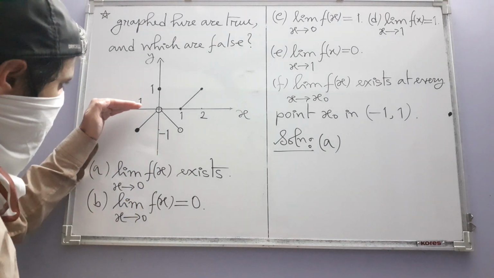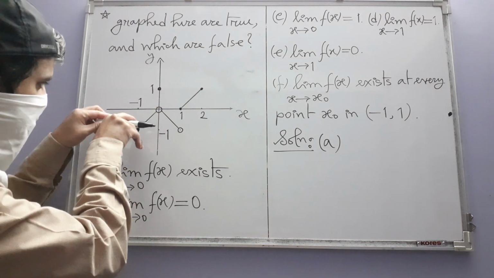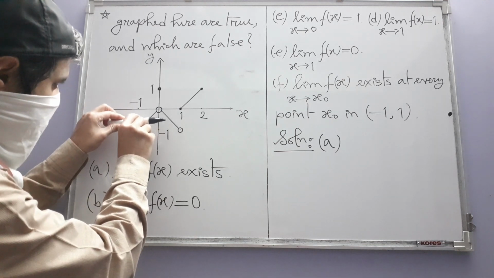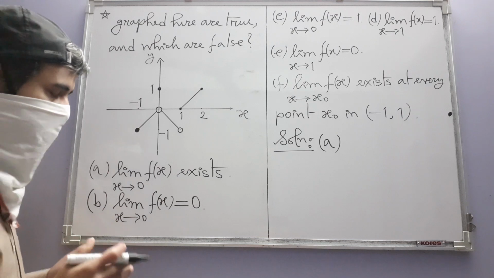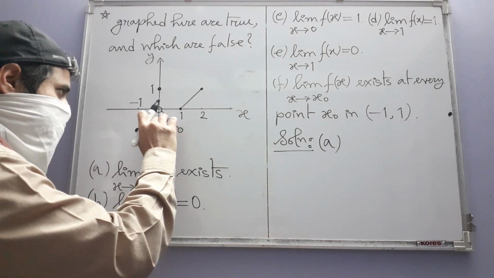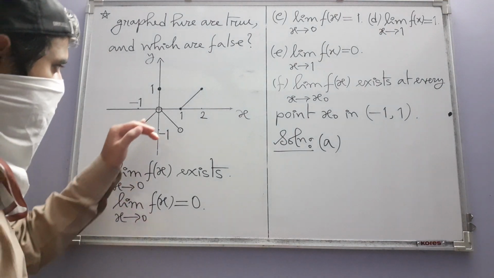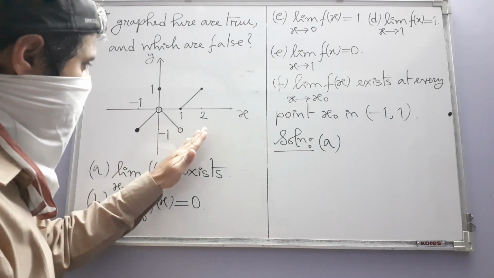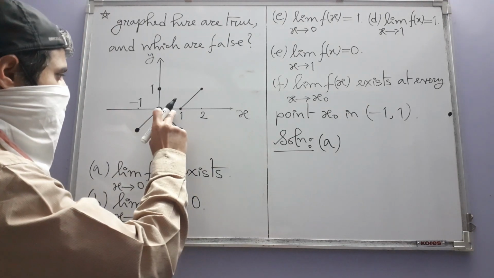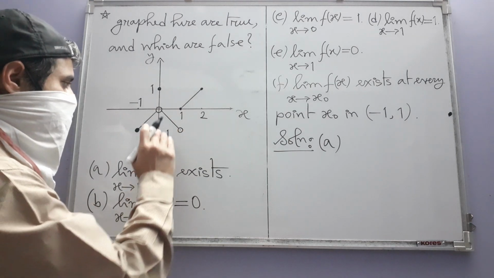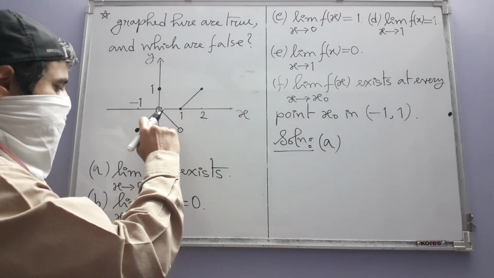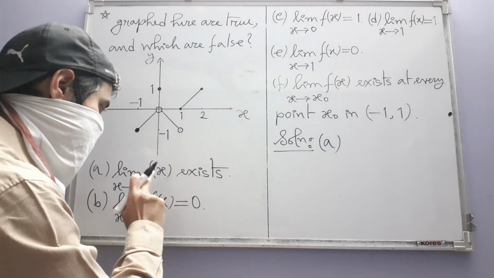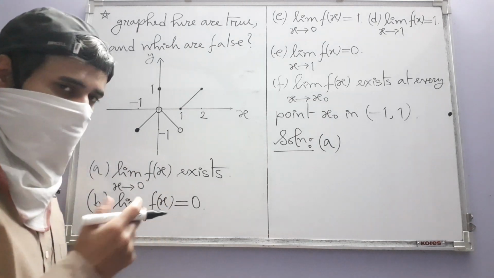As x goes towards 0 from the left side, f of x increases from below the x-axis and reaches 0. And the same thing happens on the right side of the y-axis. When you make x tend to 0 from the right side, then your f of x value also reaches 0. So yes, this limit exists and its value is also 0.